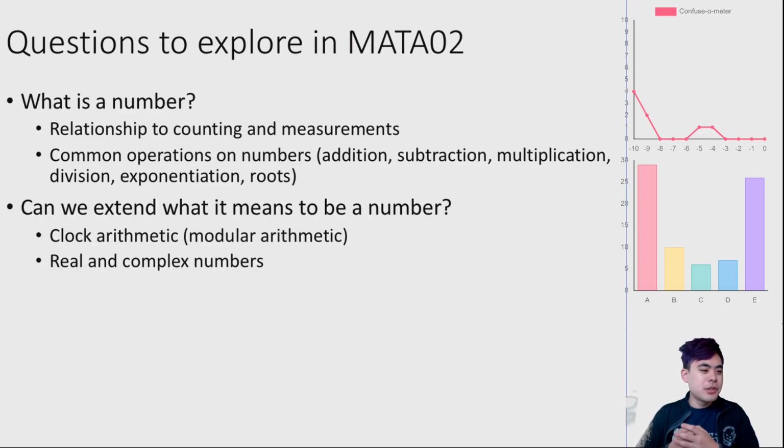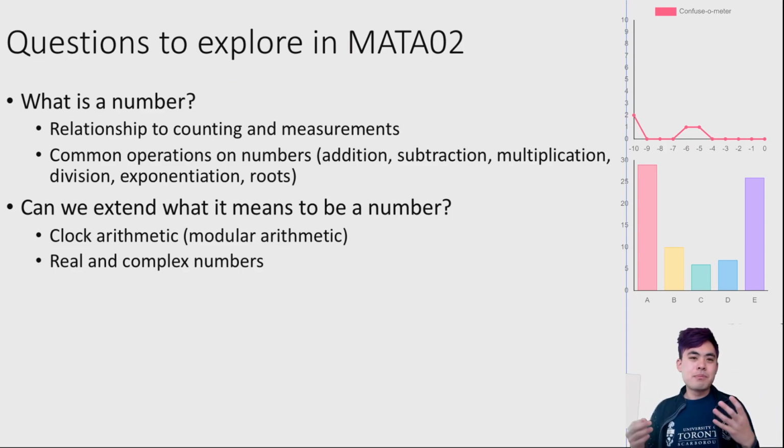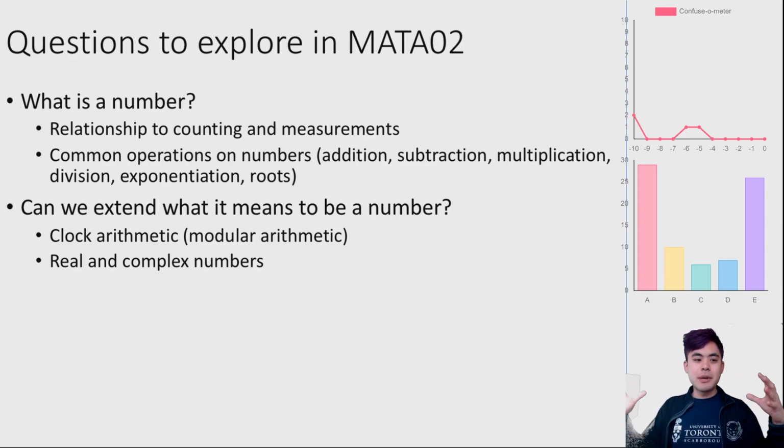Other things we're going to explore in this class: can we extend what it means to be a number? If negative numbers were invented, that means at some point we didn't think of negative numbers as corresponding to some property that we cared about, or we just didn't think to extend numbers to correspond to that.